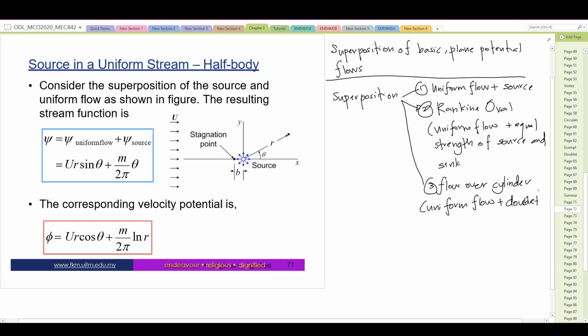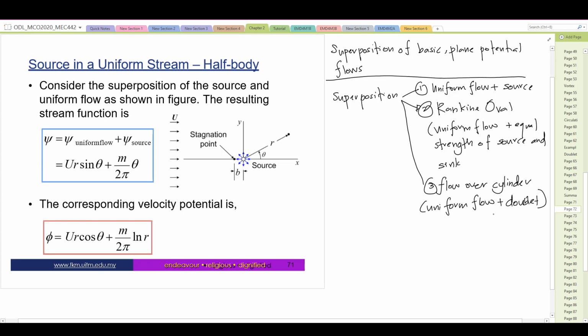Recall the definition of doublet: it is when source and sink approach one another. So this one we call a doublet. So there was a superposition for basic plane potential flow.